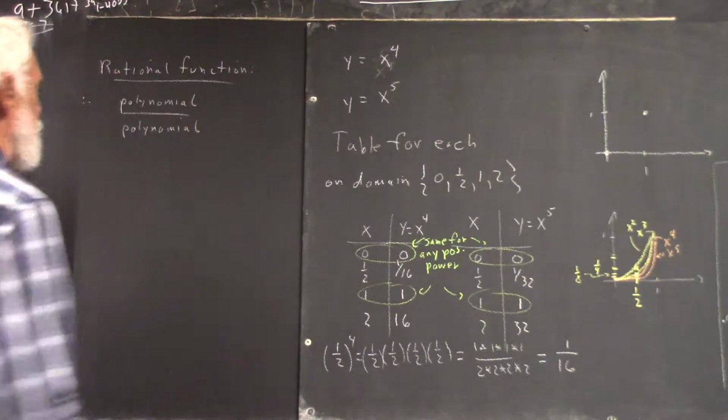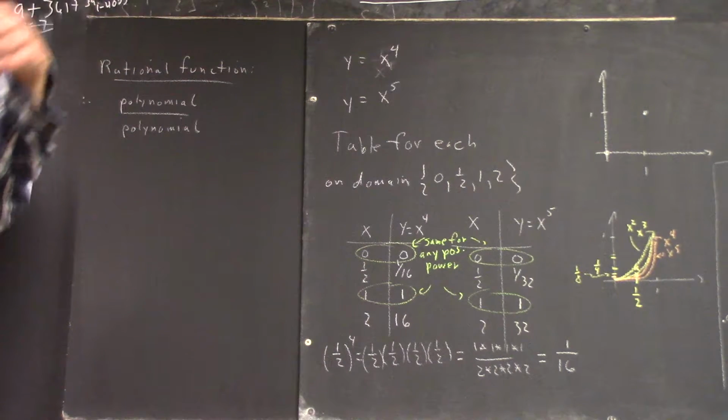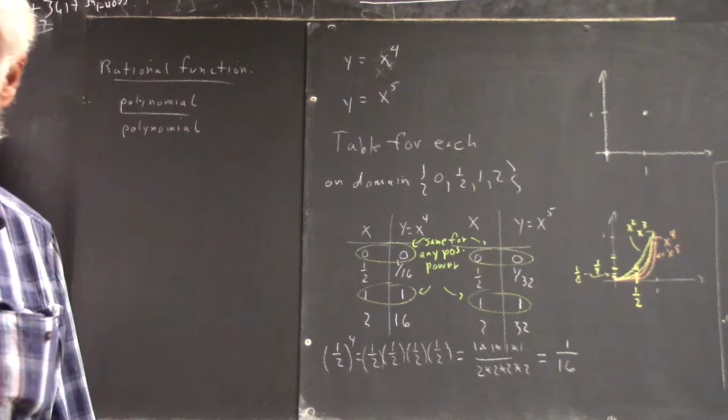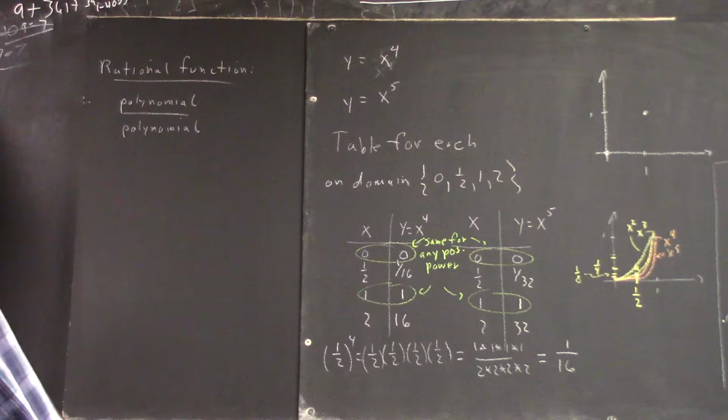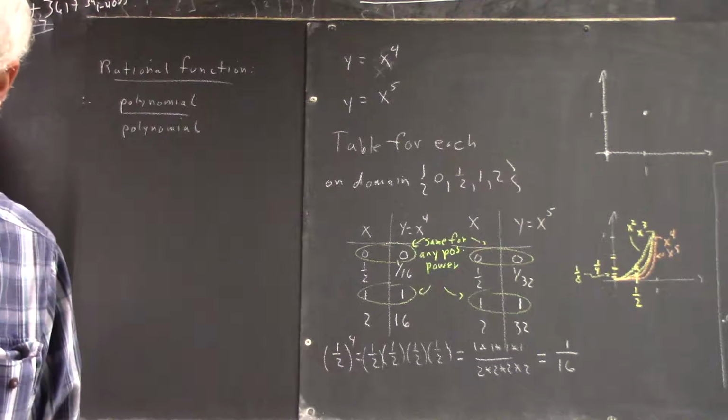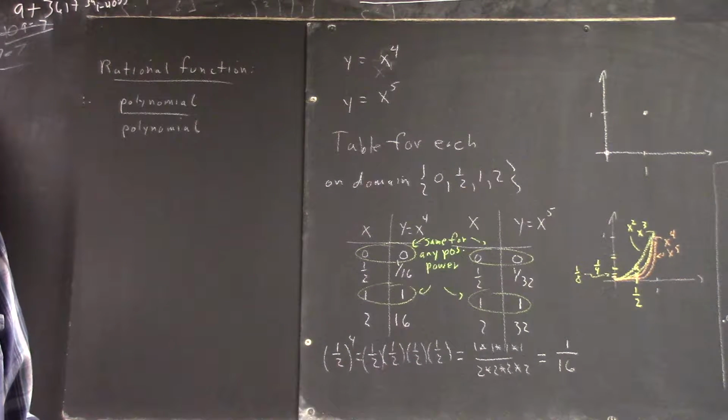It's a ratio of polynomials. It's a polynomial divided by a polynomial. Usually two different polynomials, because if it's the same polynomial, the result's just one and it's not very interesting. Okay? Polynomial divided by polynomial.